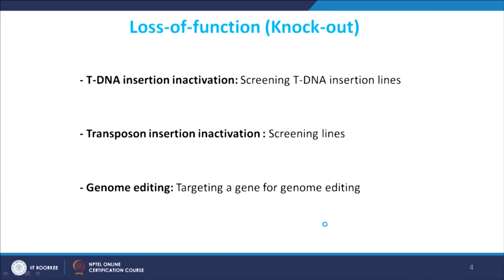But the difference between forward genetics and reverse genetics is that in forward genetics we were not fixing the gene, we were fixing the function, or the phenotype, or the biological process, and then we tried to look for tDNA insertion lines or transposon insertion lines and map which gene it is.